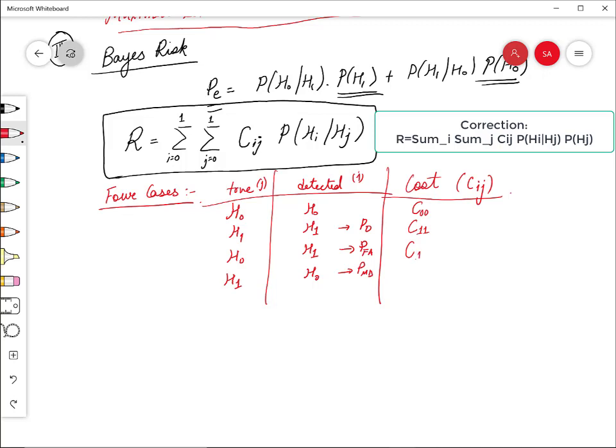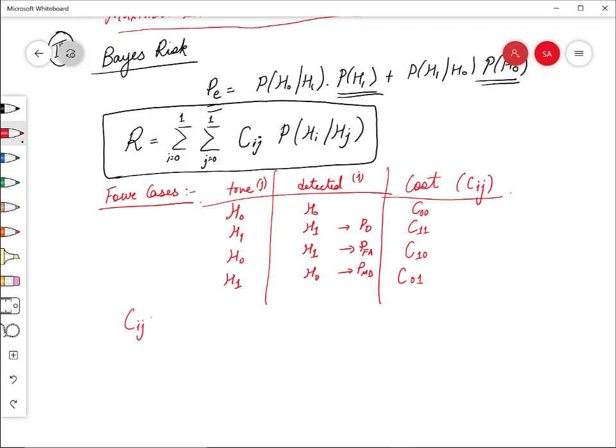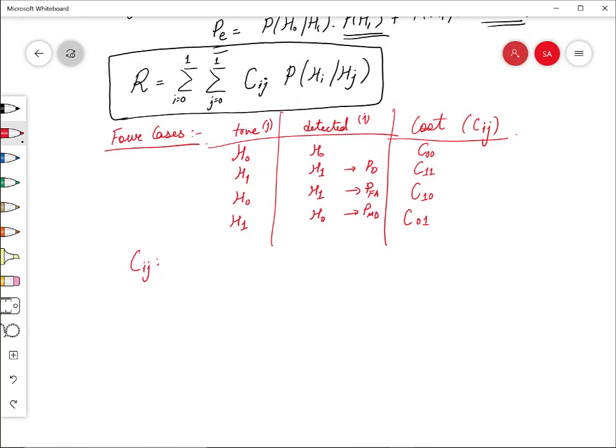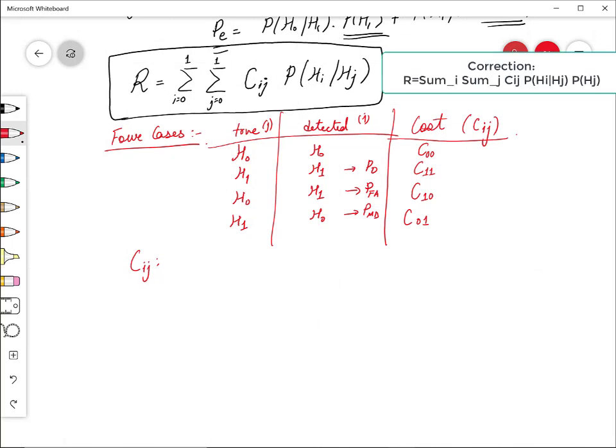So this is C10 and this is C01. Okay, so Cij I can write as the cost if we detect hi given hj is true.